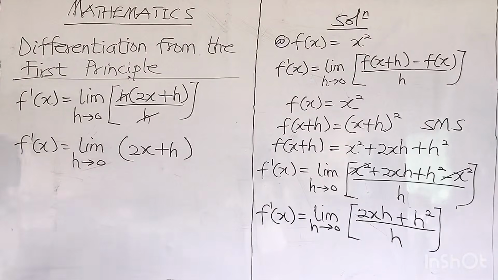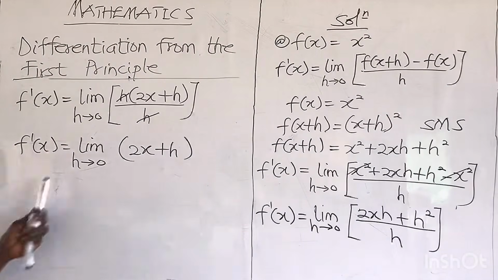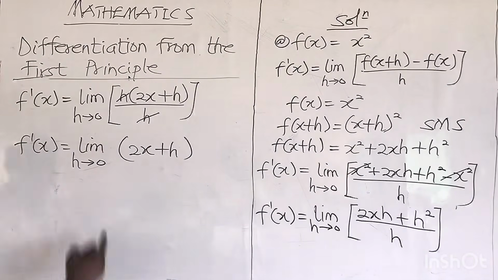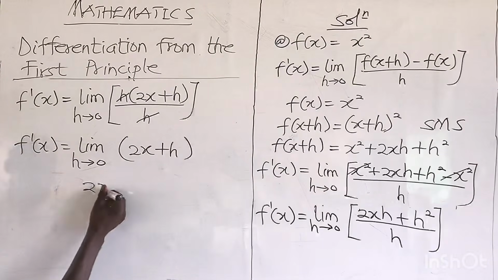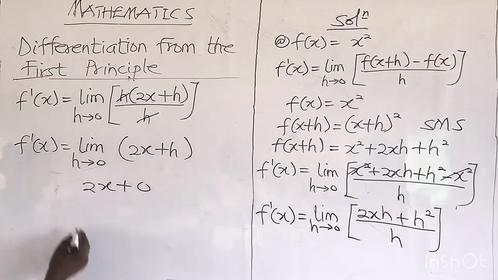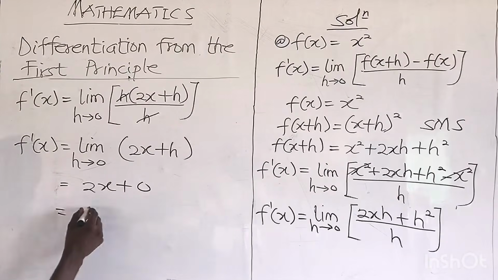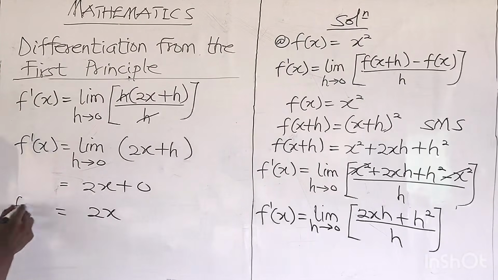The moment we talk about the limit as h approaches 0, then the 0 will be substituted where we have h. So we have 2x plus 0. Then the answer is going to be 2x. So in using the first principle, at the end of the day, we are going to get 2x to be the final answer. Let's do a little recap.